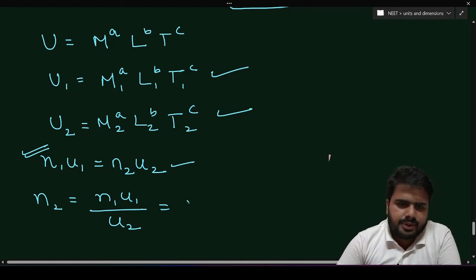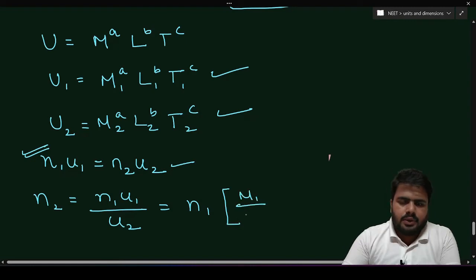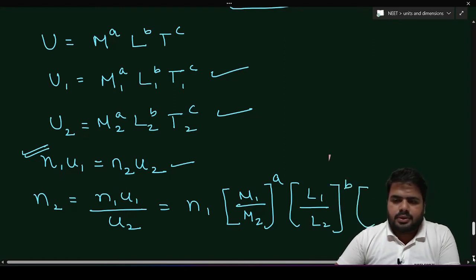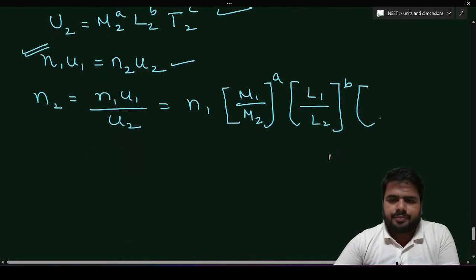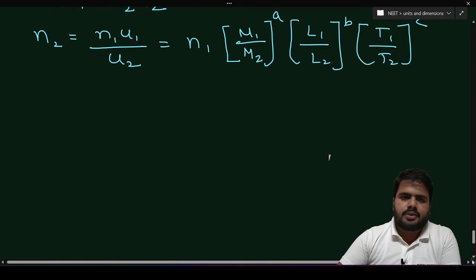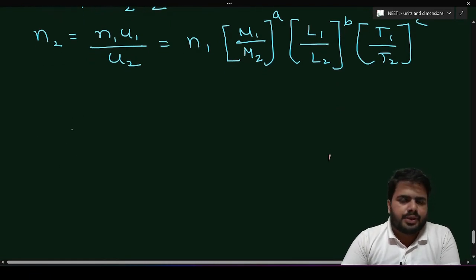So n2 will be n1 into, putting the values, m1 by m2 whole to the power a, into l1 by l2 whole to the power b, and t1 by t2 whole to the power c. Clear? So this is the formula to convert one unit into another unit.